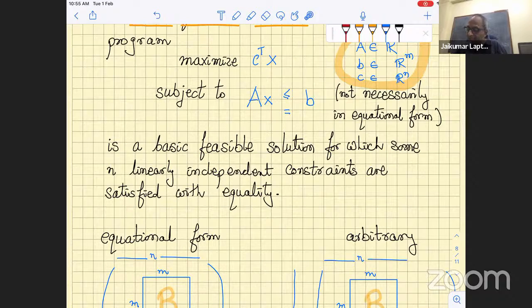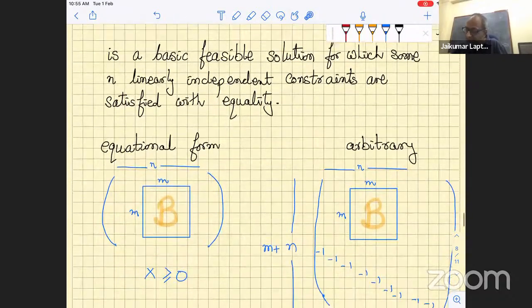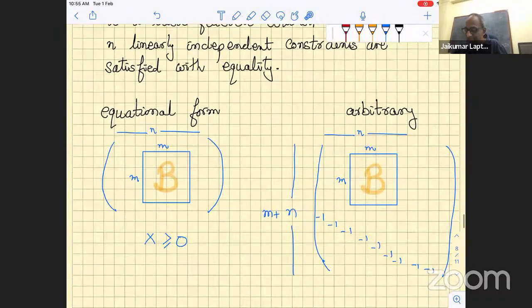Now this sort of makes it appear that there are two definitions of basic feasible solution, one for general linear programs and one for equational linear programs, but equational linear programs are also general linear programs.